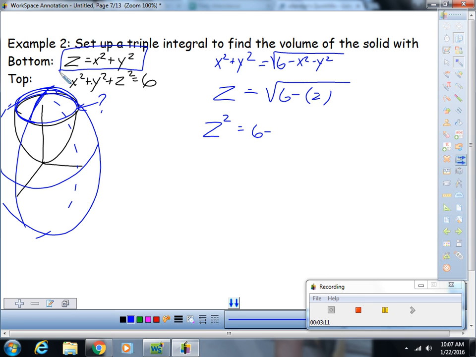Not z squared. Right? So you got z squared plus z minus 6 equals 0. So z equals negative 3 or 2. And all we're worried about is where it hits in the positive.